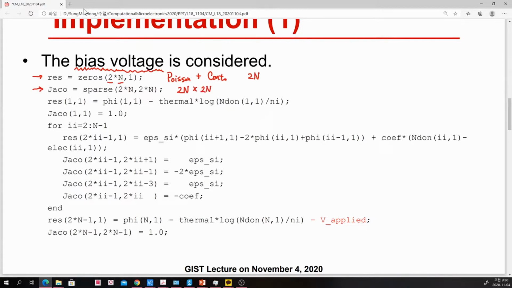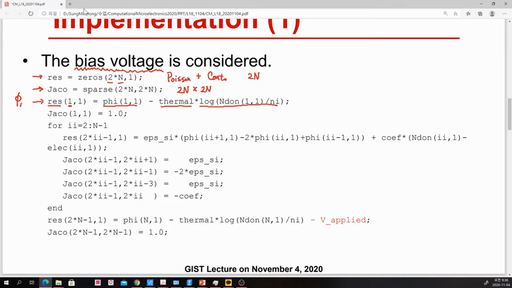And what is it? Here, when you have a look at this residue vector, residue 1 is assigned to phi 1, I guess. And in this case, phi 1 equals what? Thermal voltage times log of doping density. This is just the equilibrium potential. That's it.